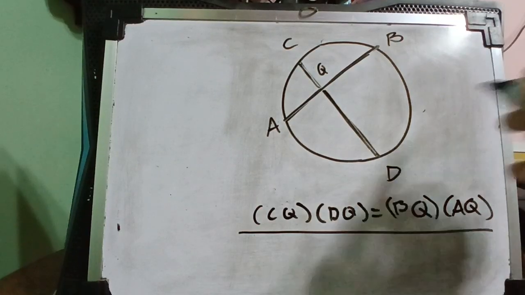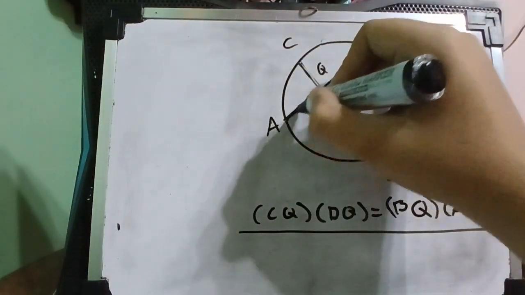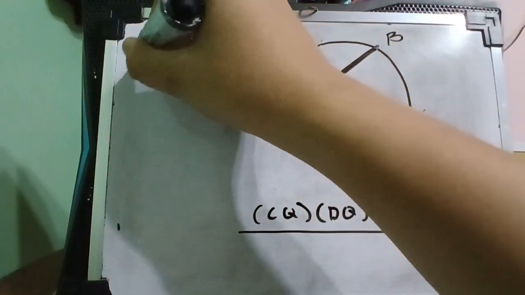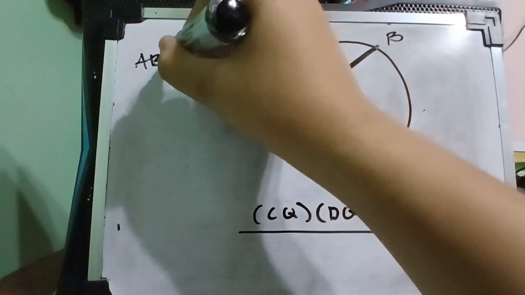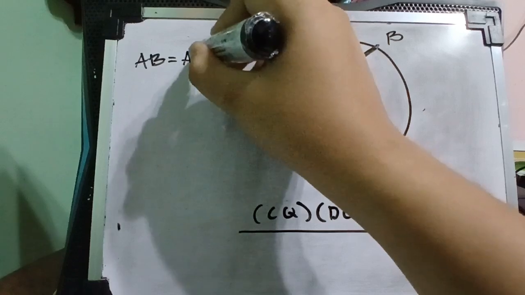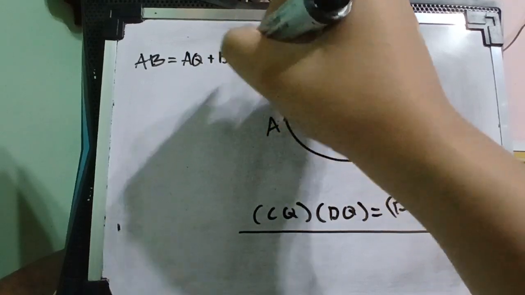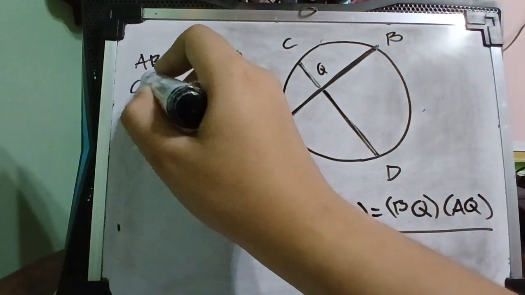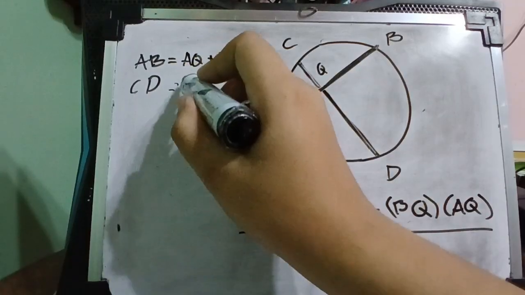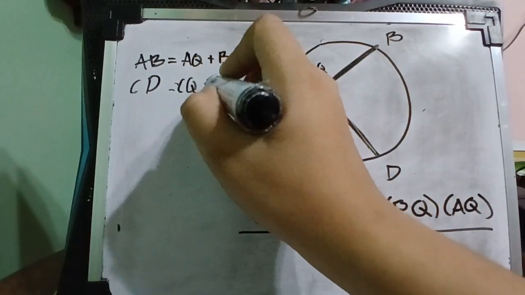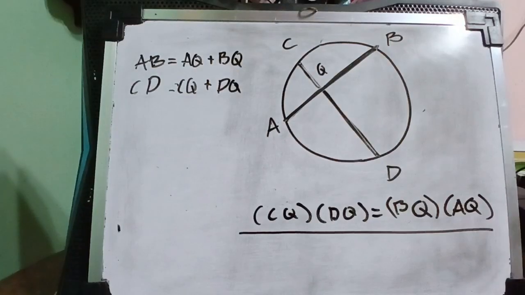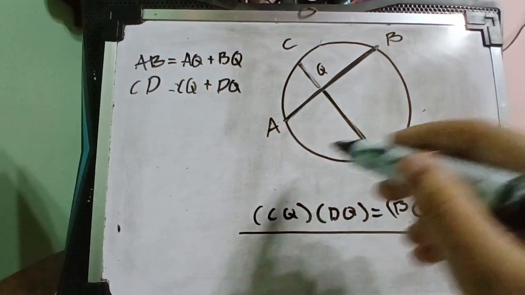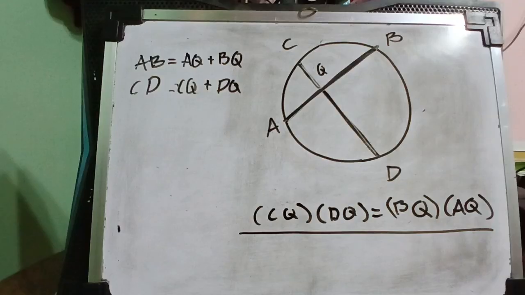Para hanapin yung buong length ng AB, i-add lang natin si AQ with BQ. At to find the length of CD, we're just going to add the length of CQ and DQ. We're not going to multiply them. So, this formula is just for finding missing segments of the chord.